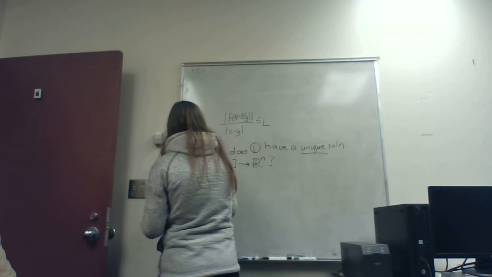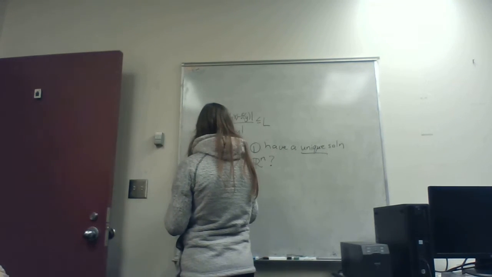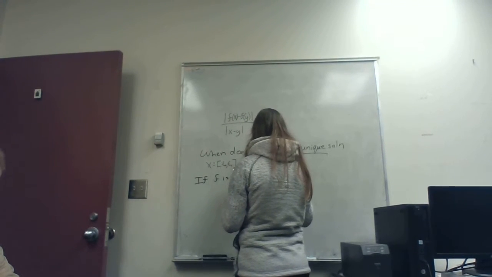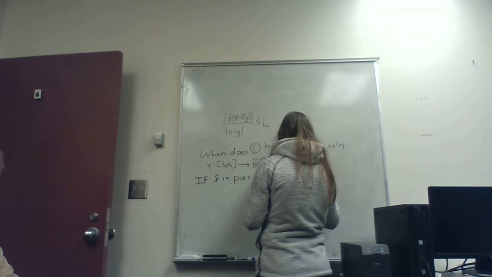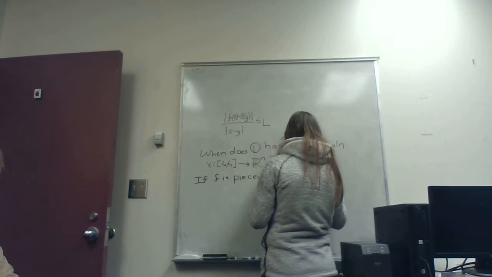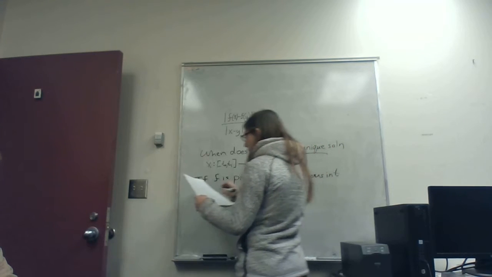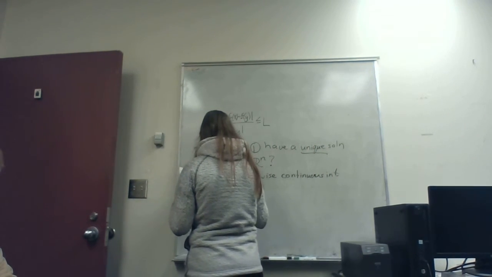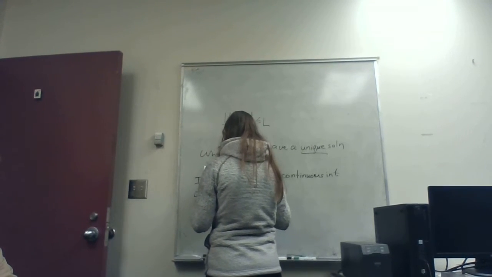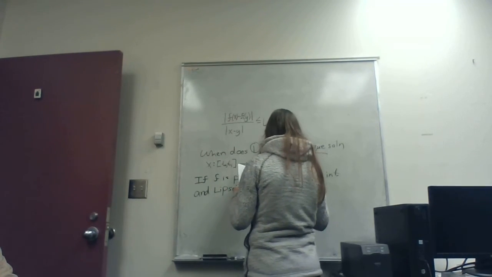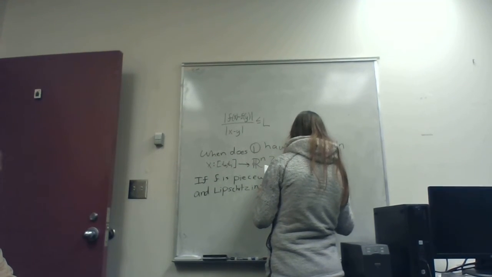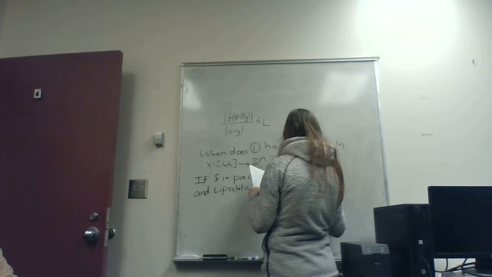So this is if f is piecewise continuous in T, and Lipschitz in X, on t0, t1 cross some ball x0, which I'll define in a second. It's this norm ball, so it's not necessarily really a ball.